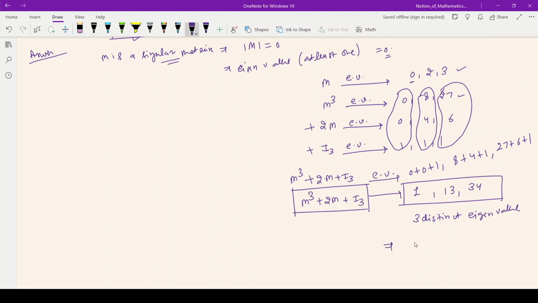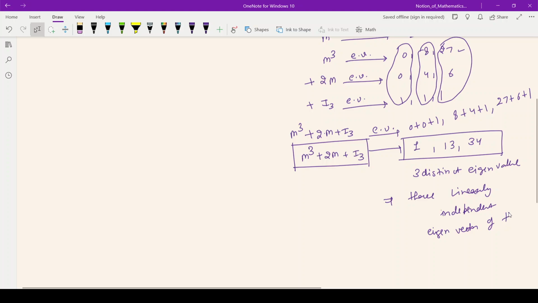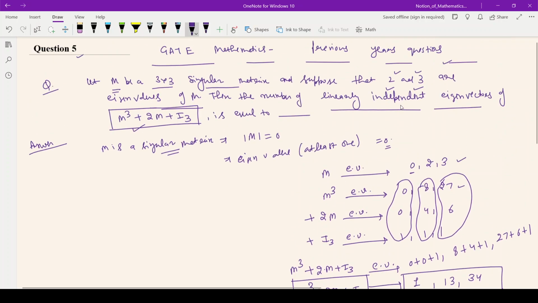The conclusion is that there will exist 3 linearly independent eigenvectors of the matrix M cube plus 2M plus I3. So that was asked in the question: the number of linearly independent eigenvectors of this matrix is equal to 3. So 3 is the right answer here.